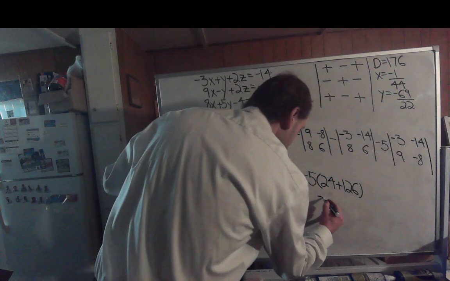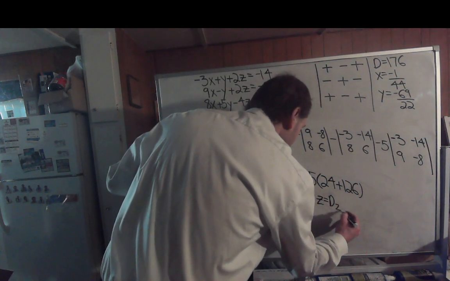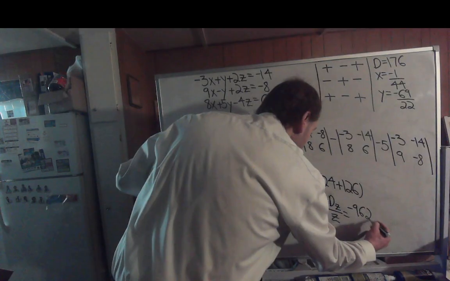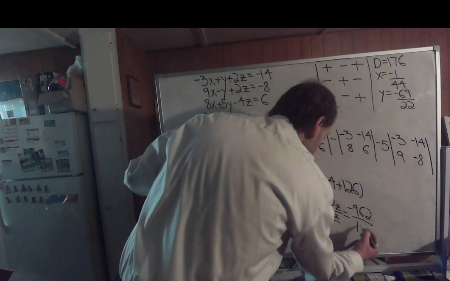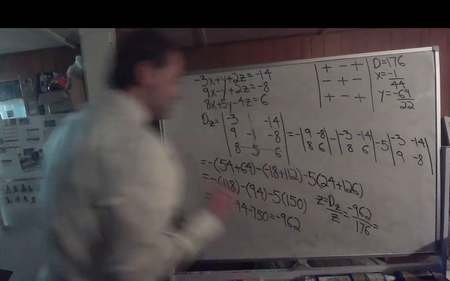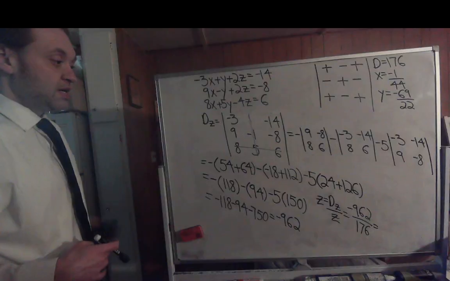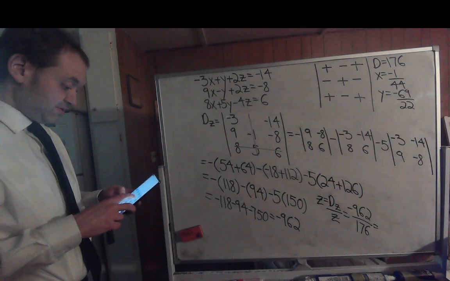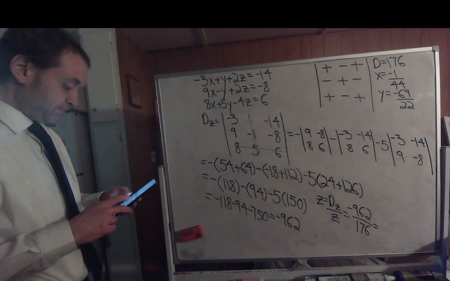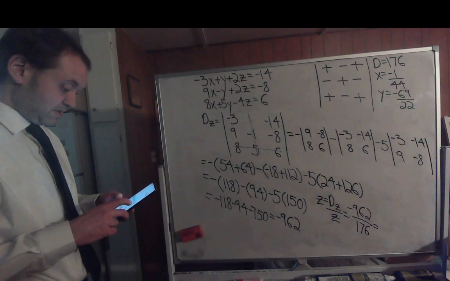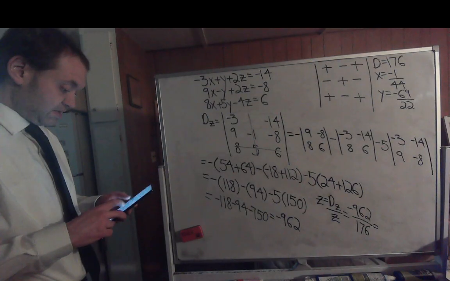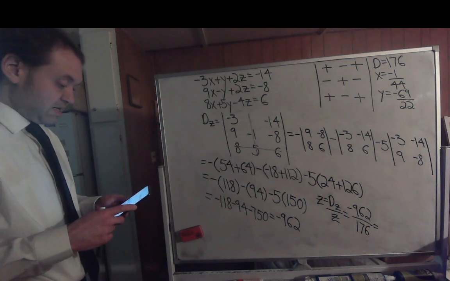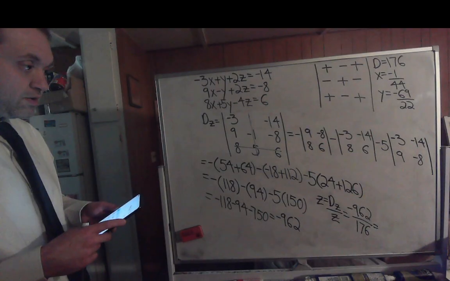Now we can find z by taking that d sub z and dividing it by d. Well, d sub z is negative 962 divided by your d of 176. Let's see what that is in reduced form. These are not pretty numbers to work with, but you will get answers like that sometimes. All right, 481.